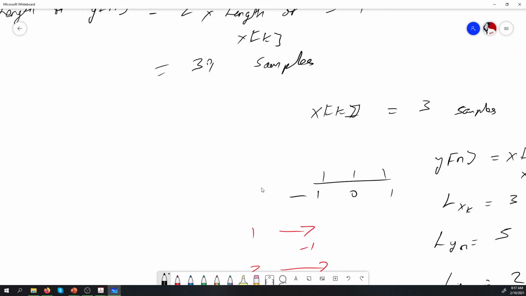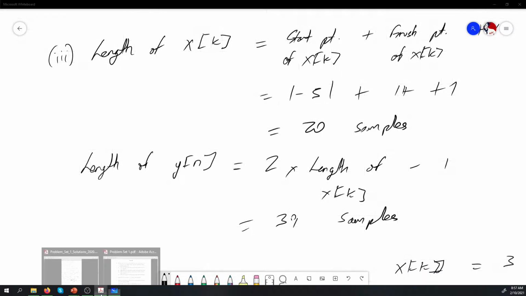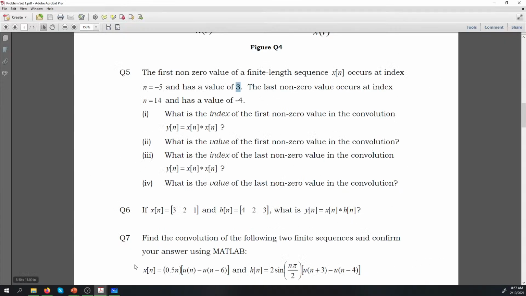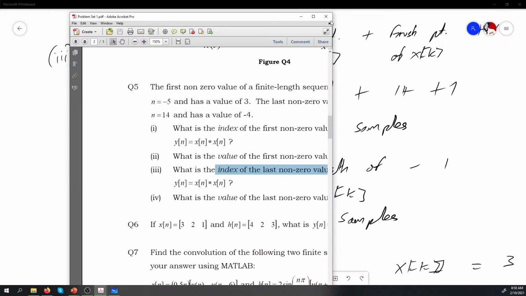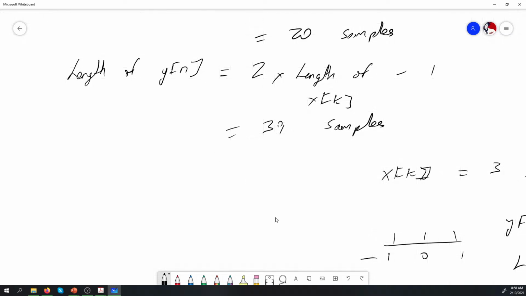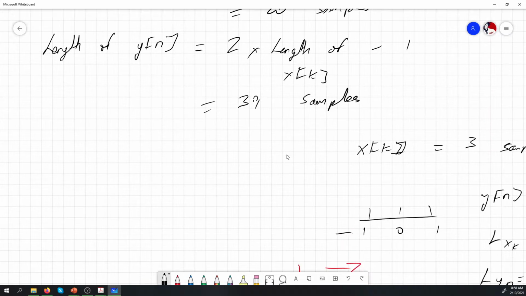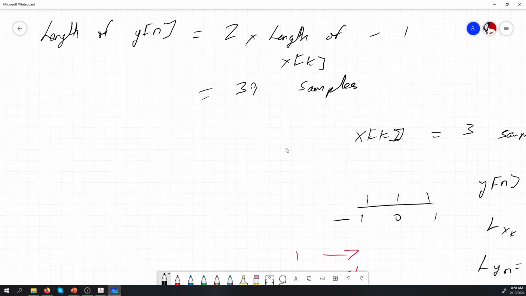So similarly, because we're trying to calculate the index of the last non-zero value here in the convolution, what that means here is that we do have the length of y of n, and we know what the start point of y of n is.